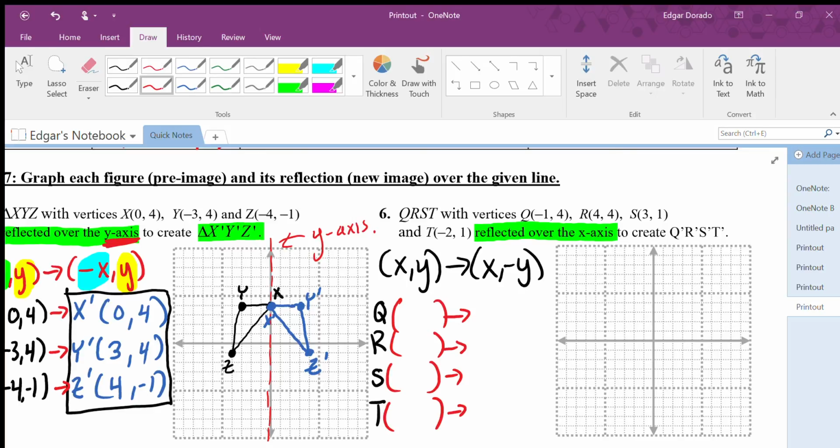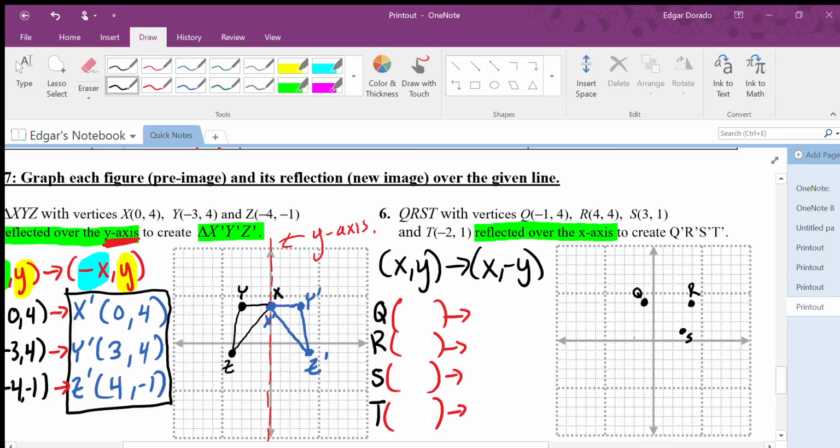Alright, guys. So hopefully you had a chance to graph this. Let's go ahead and graph our figure QRST. So we're at -1, 4 for Q, 4, 4 for R. S is 3, 1.